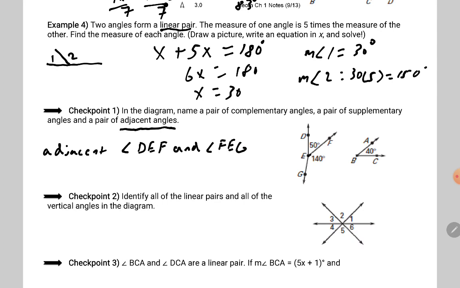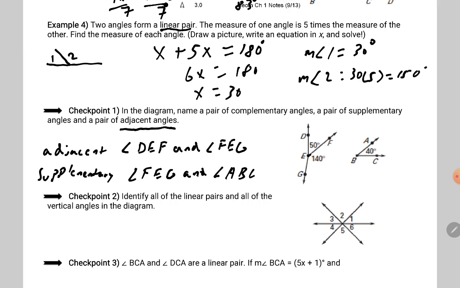Okay, now we want a pair of supplementary angles. So remember, just two angles that add up to 180. So angle FEG, that's 140, and angle ABC, that's 40. They add up to 180.